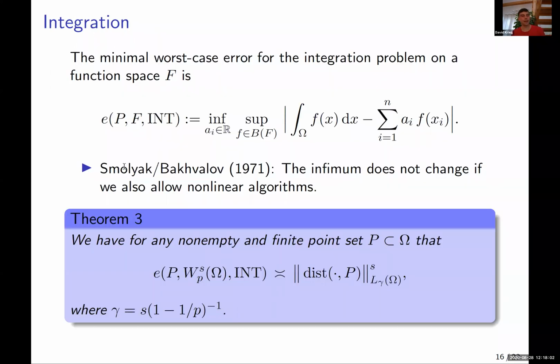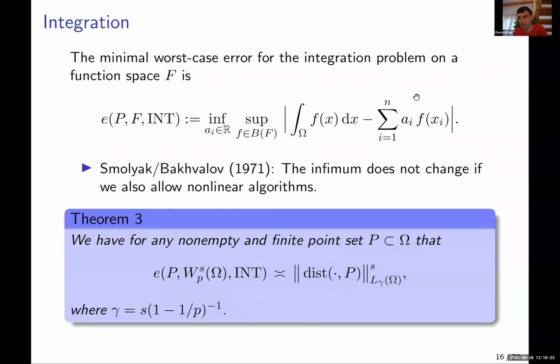Okay. And I promised you to say something about the integration problem. So in this case, the minimal worst case error can be defined similarly. If we have a given set of sampling points, then the worst case error of an algorithm is given like this. We now take only the distance of the integral of the function and the output of some algorithm.